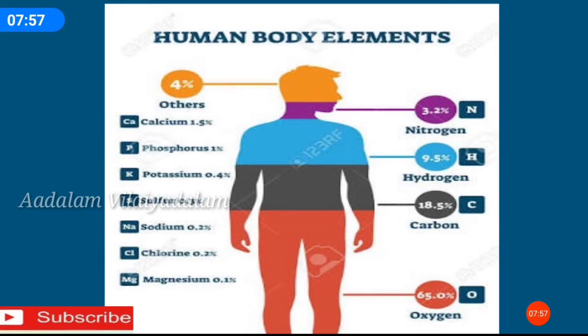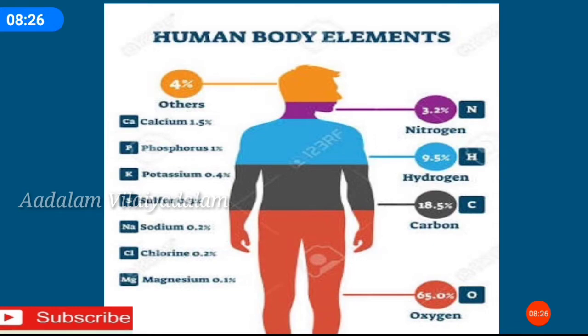Next, human body elements. Can you name the elements in the human body? Nearly 99% of the mass of the human body consists of just 6 chemical elements. They are oxygen, carbon, hydrogen, nitrogen, calcium and phosphorus. Another 5 elements make up most of the remaining percentage point.